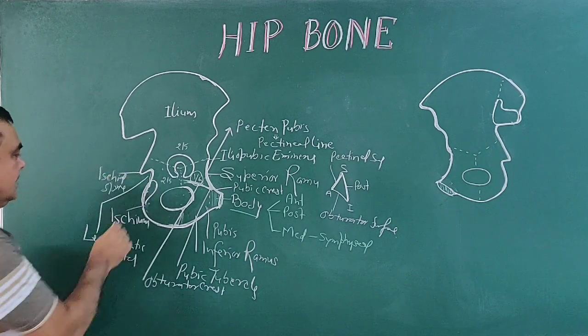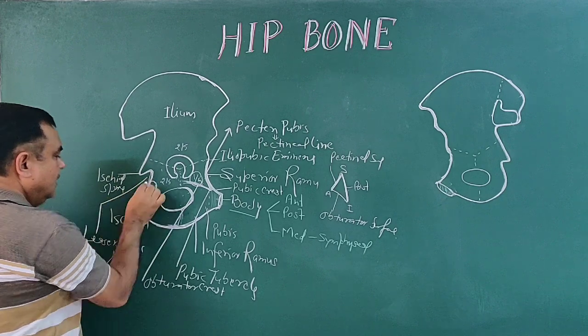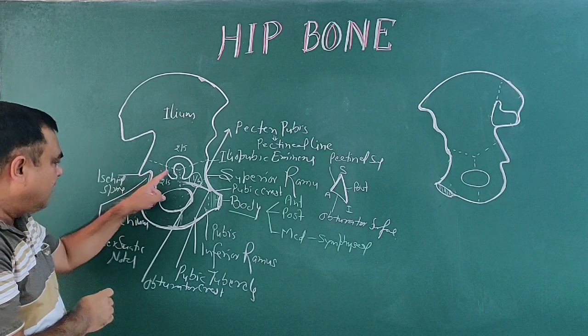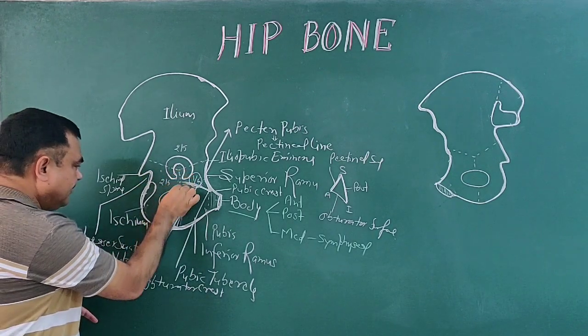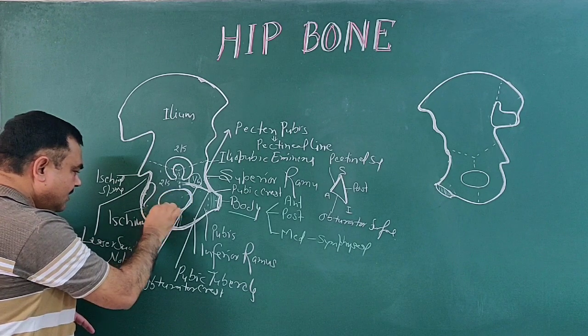Here is the posterior border, and in this part there is also a lateral border. This is the anterior border.